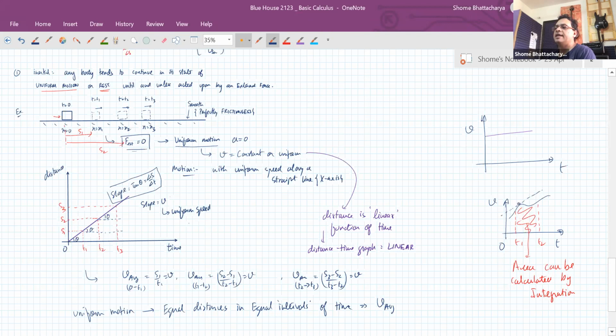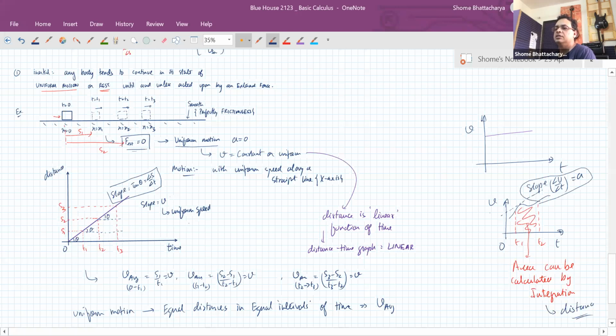It is the slope of the tangent. So if we calculate the slope, it is nothing but delta V by delta T, and that is equal to what? Acceleration. So when we look at a velocity time graph, the slope represents rate of change, which is acceleration. Whereas the area represents displacement. Or if it's speed versus time, it's distance.